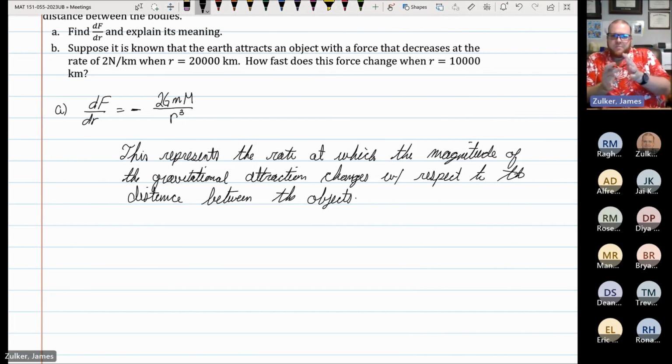It represents the rate at which the magnitude of our gravitational attraction is changing with respect to the distance between the two objects.